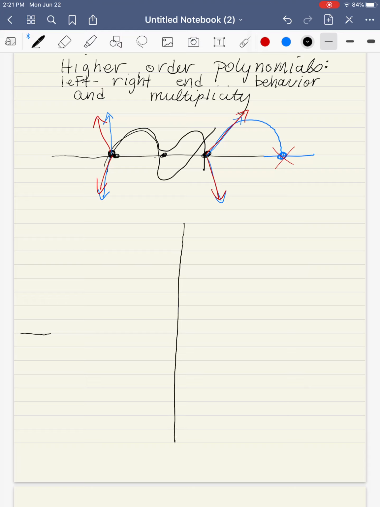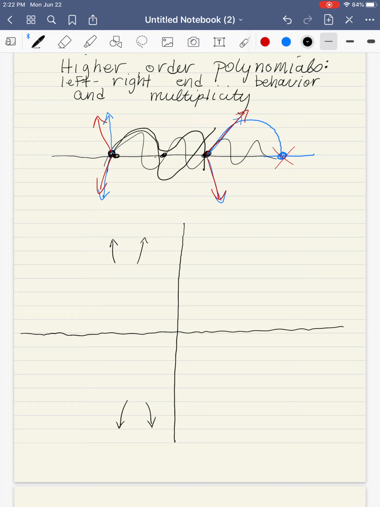And we're going to see that there are 4 different things that can happen. 4 different possible left-right end behaviors. And this is after it leaves the last x-intercept. And we'll talk more about how we figure out what happens in between in a minute.